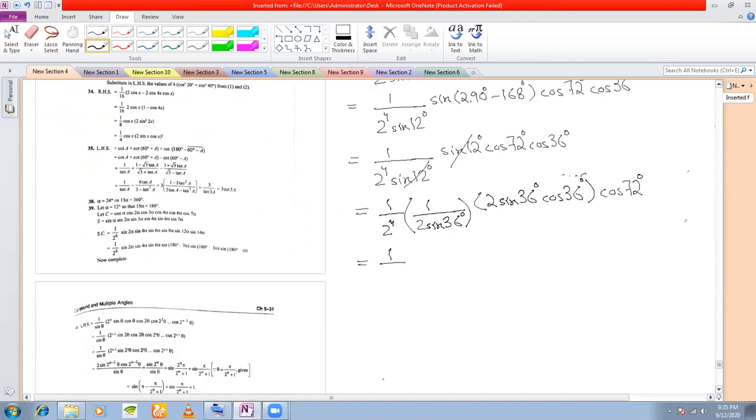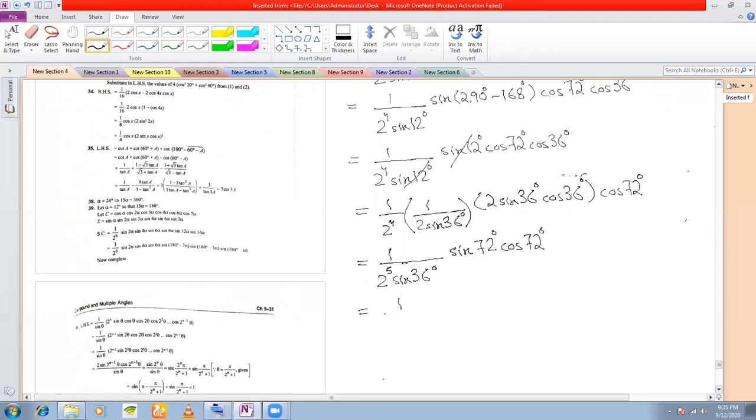So you get 1/2 to the power of 5 sin 36°, and this becomes sin of double 36, which is 72°, cos 72°.